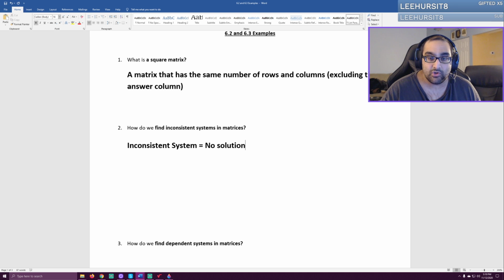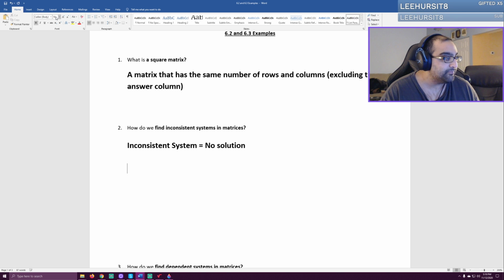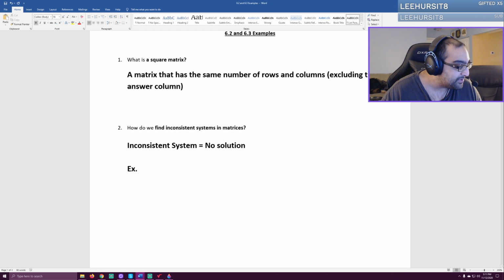So we're going to do an example, and I'm going to show you what you want to look for specifically, so that you can identify that there's no solution for that particular problem. Let's do our example right now. I'm going to type out the 3 equations and 3 variables for this problem.